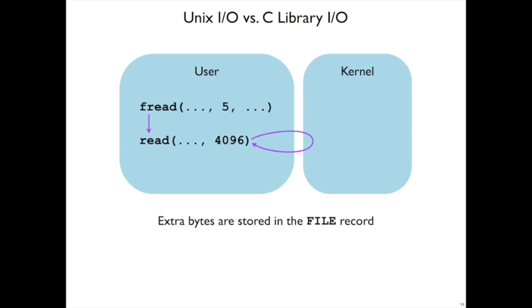In this case, since we had 5 million bytes, we could easily get 4K of them. So that when we do another fread on 5 bytes, then it doesn't have to go to the kernel, it just copies more of those bytes out of its buffer. So the C library is using the system call functions to implement I/O, but it also introduces a layer of buffering.